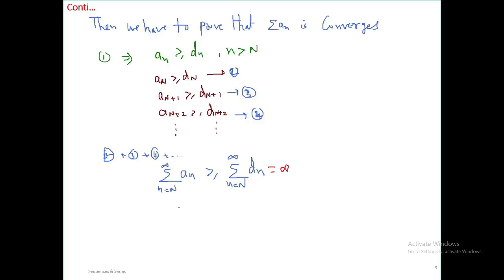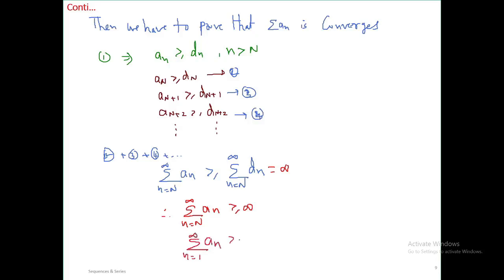So once it is infinity, what can I say? The series n running from capital N to infinity of an is also more than or equal to infinity. That means this sum is infinity indirectly. More than or equal to infinity means it is also infinity. But it is from N to infinity. If you add a few more terms, like n equal to 1 to capital N minus 1, what will we get?